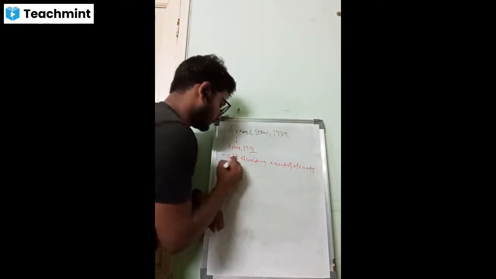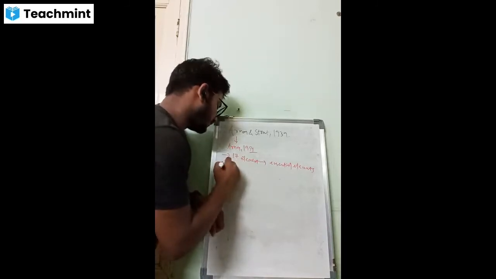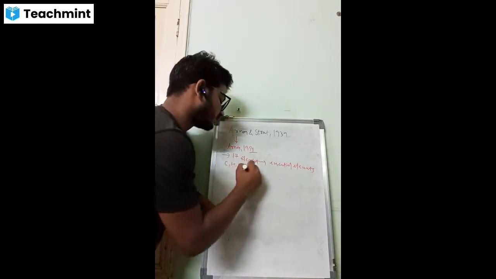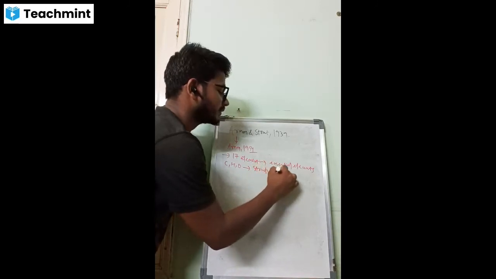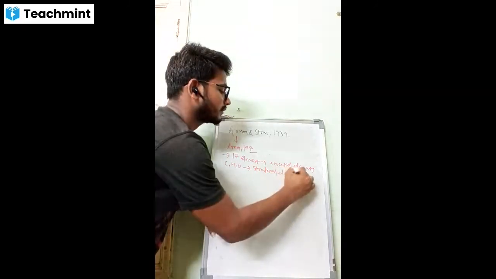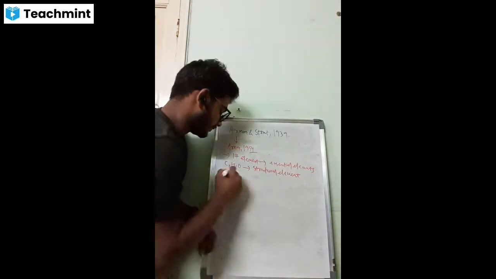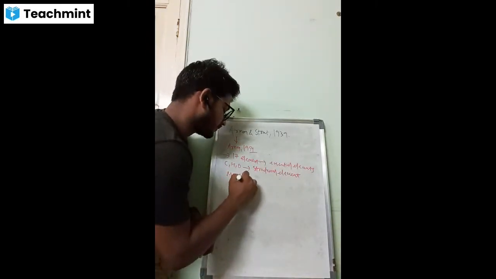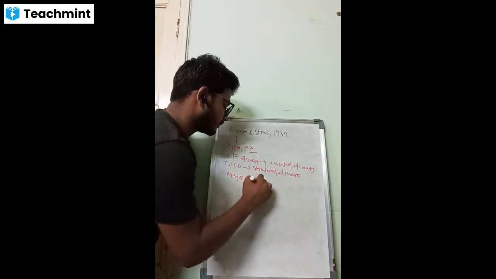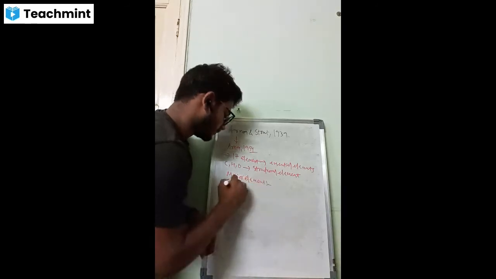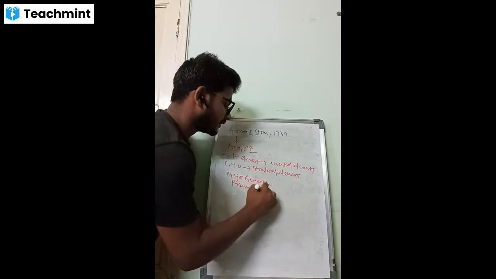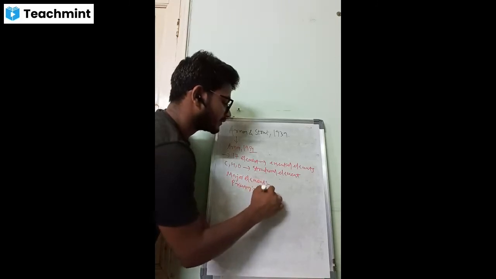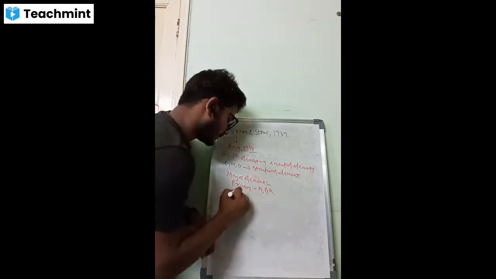So what are those 17 elements? C, H, O are called structural components or structural elements. Then come to major elements. In that, the primary major are N, P and K: nitrogen, phosphorus and potassium.